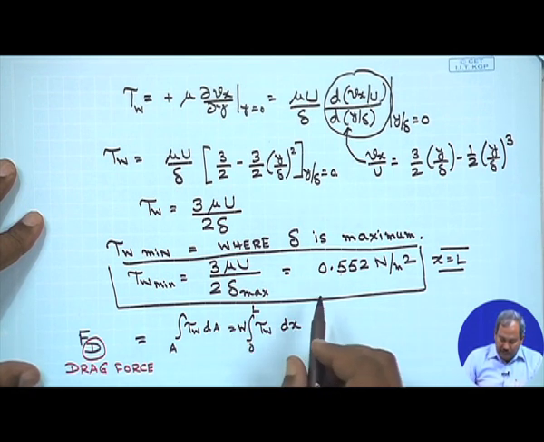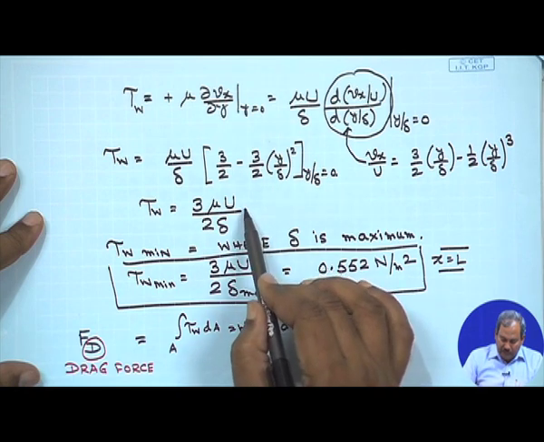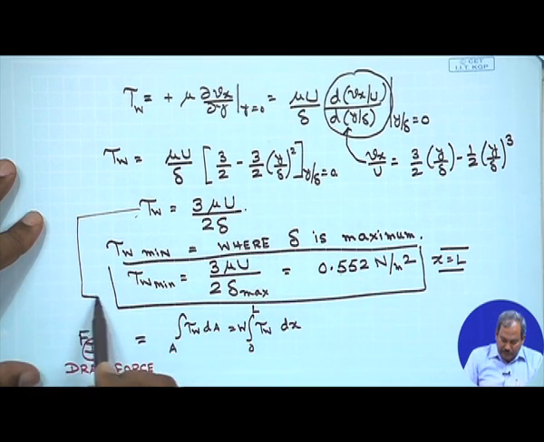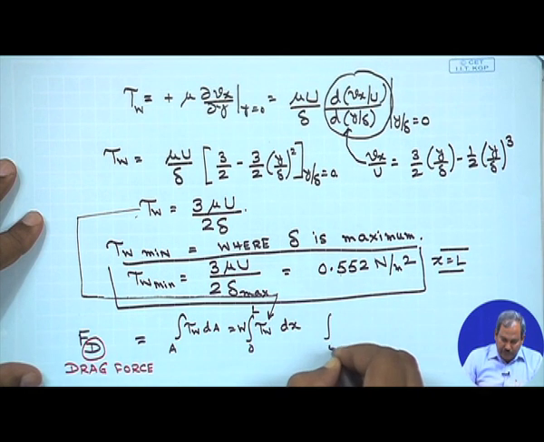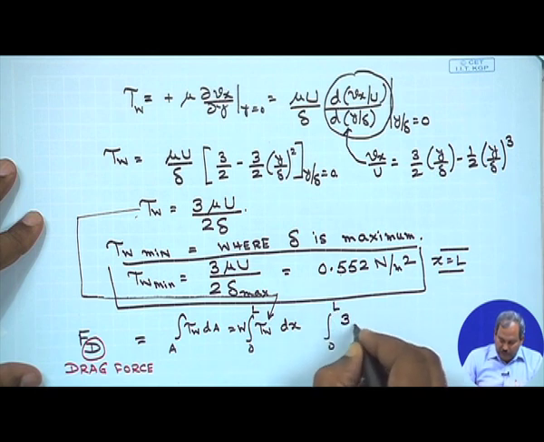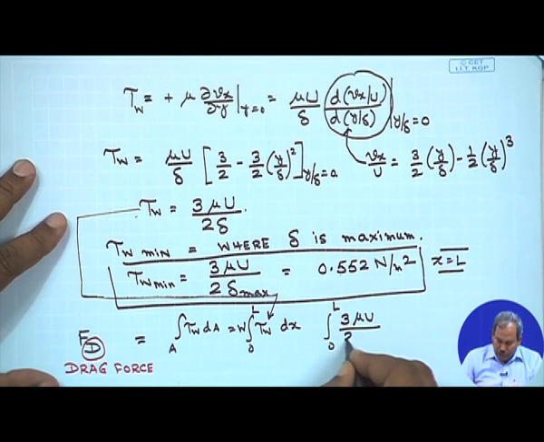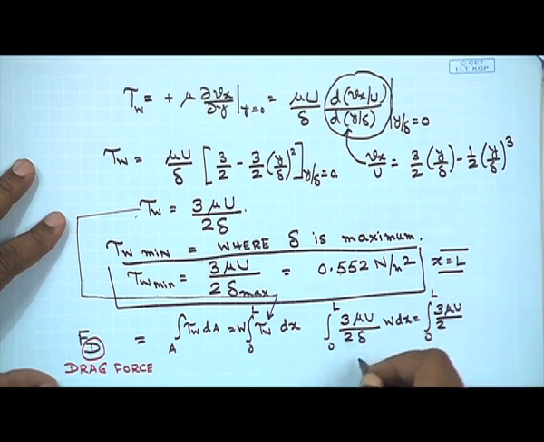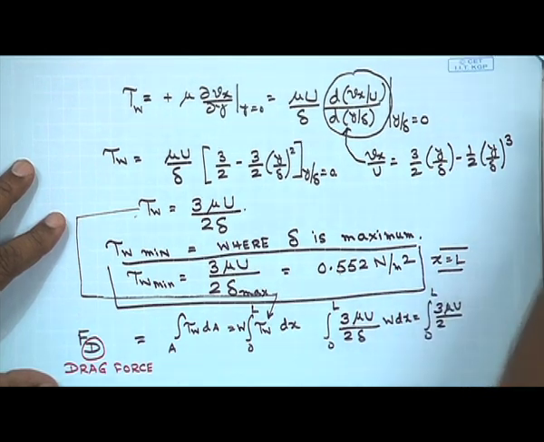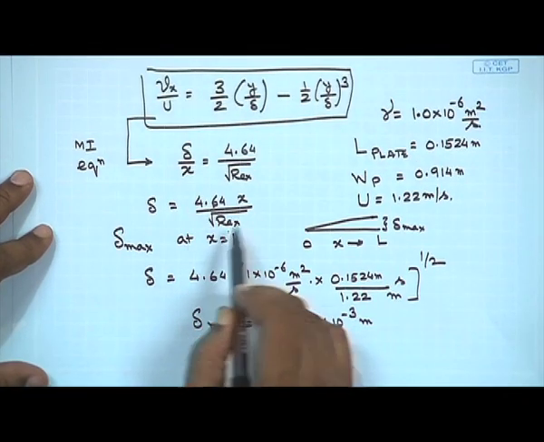And what you do here is put the expression of tau W in here, and therefore you would get the integral from 0 to L of 3 mu u by 2 delta times W dx. The expression of delta from the previous page was 4.64 x by root over Rex.